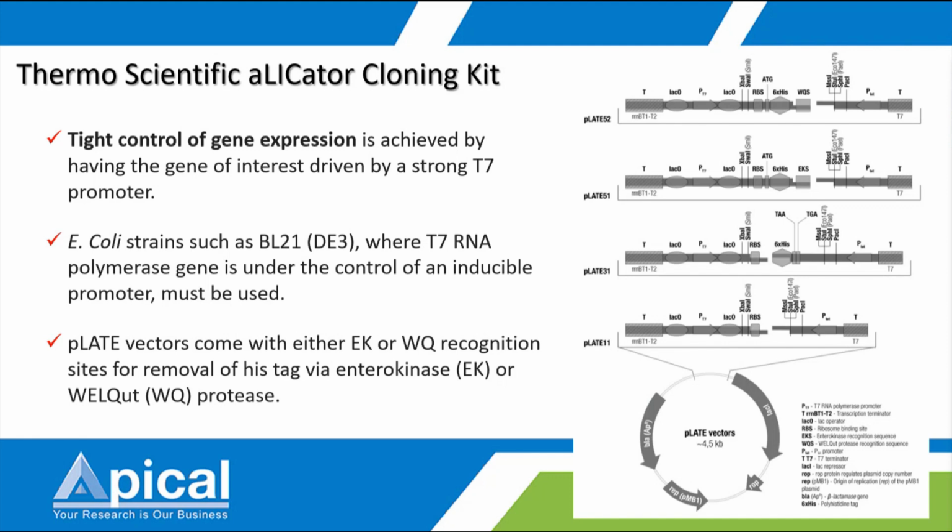This plasmid must be transformed into an E. coli strain which has the T7 RNA polymerase gene under the control of an inducible promoter, such as BL21(DE3).